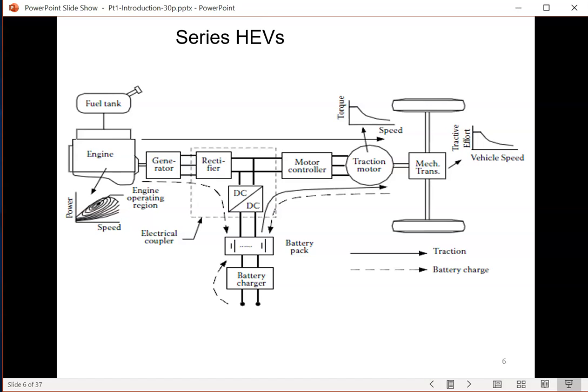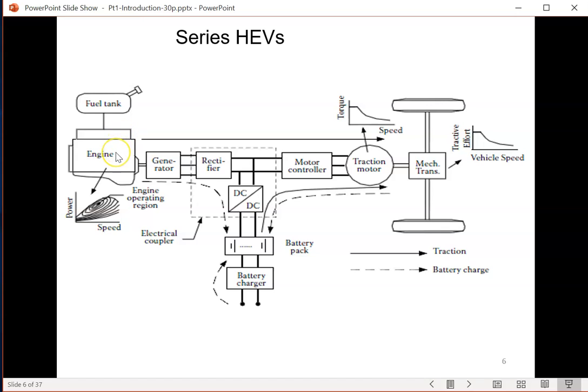This diagram here shows the general subsystems you would expect of a series hybrid electric vehicle and how they are configured. So on the very left-hand side, you would have an engine that is either a petrol engine or diesel engine. Of course, that comes with the fuel tank.